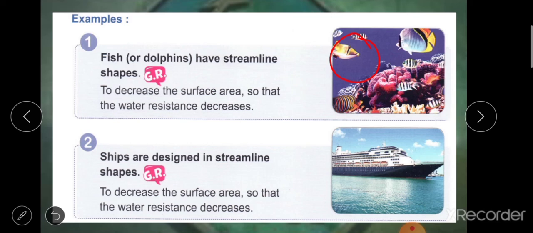Decrease surface area, so the water resistance decreases, and after that we write that the speed increases. Ships are designed with a streamline shape, so it will be the same answer: to decrease the surface area, so the water resistance decreases and the speed increases.